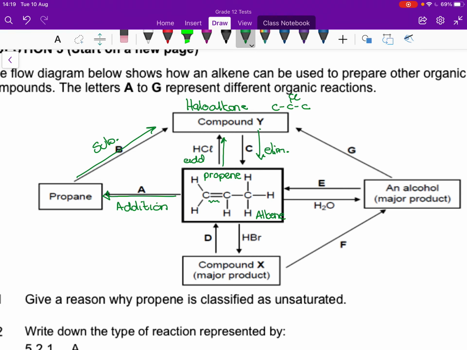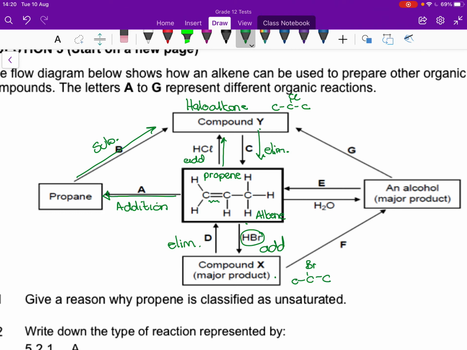Again, for D over here, we're going from propene with HBr, so this is going to make bromopropene, and it goes on the second one because that's got the least number of hydrogens. And this would be an addition reaction. The opposite of that, which is what D would be, is an elimination reaction.